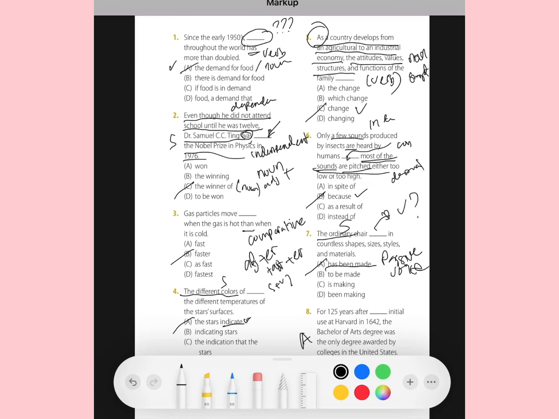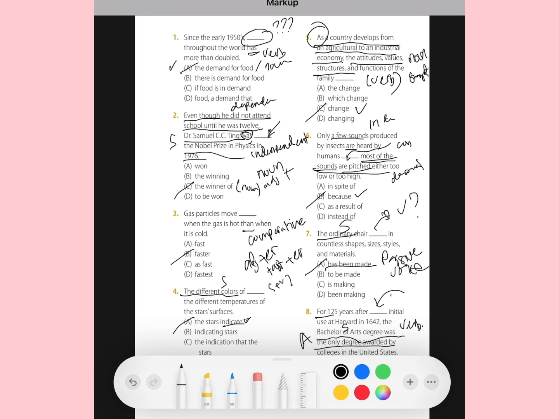For number 8, we have the preposition for, and we have Bachelor of Arts, blah blah blah, as the independent sentence. While for Bachelor of Arts, that becomes the subject and was becomes the verb. So we need to focus on this part. Okay, after blah blah blah, initial use at blah blah blah.